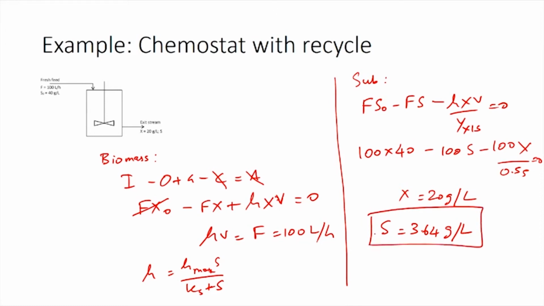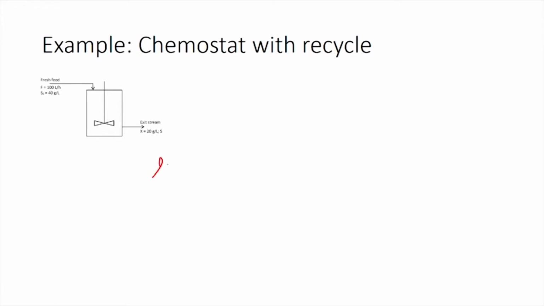So, now that we have the substrate concentration, we can calculate the value for mu by substituting the value of mu max which is 0.18 times S divided by Ks which is 0.5 plus S. This gives you a value of 0.158. So, now that we have the value for mu as 0.158 per hour, we can calculate the value for the volume as 100 divided by 0.158 which is basically F divided by mu, giving you a value of 631.9 liters.